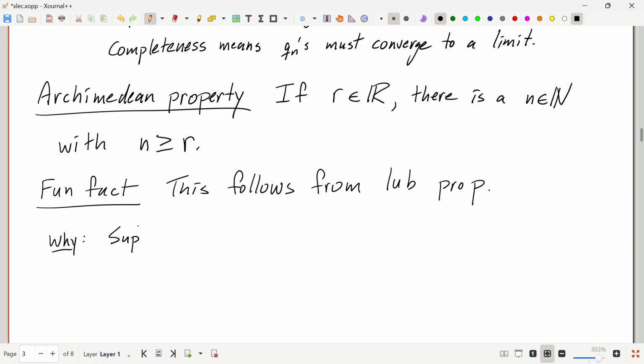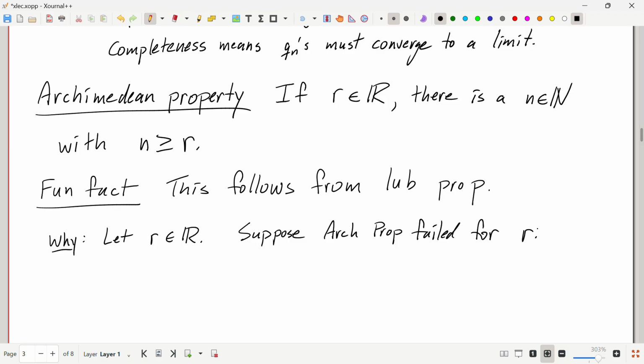Let's give ourselves an r, and suppose the Archimedean property failed for r.